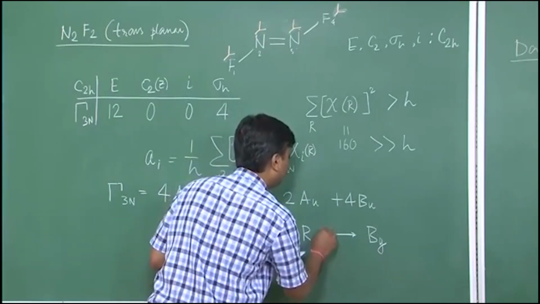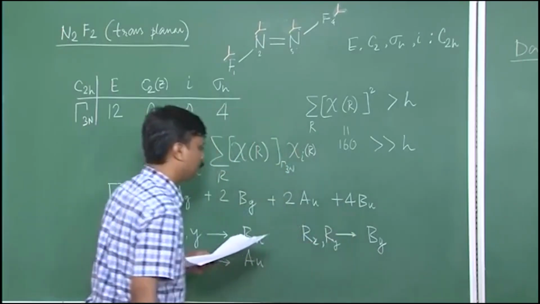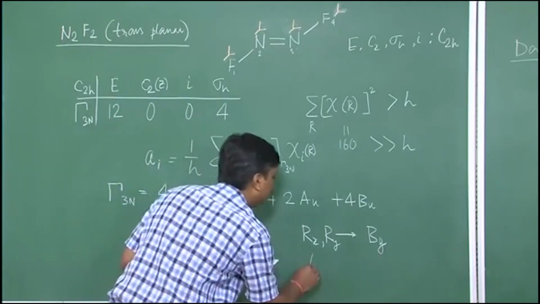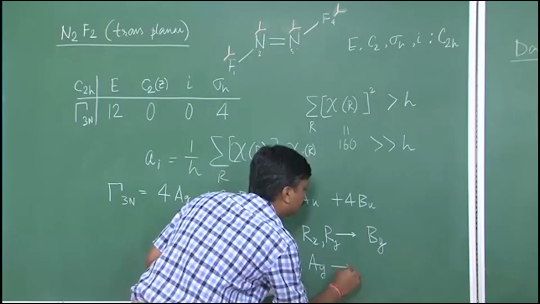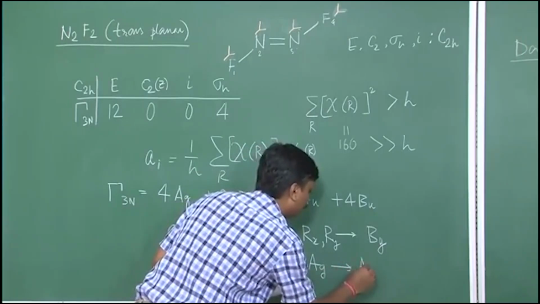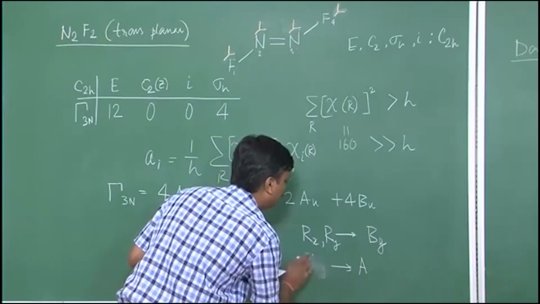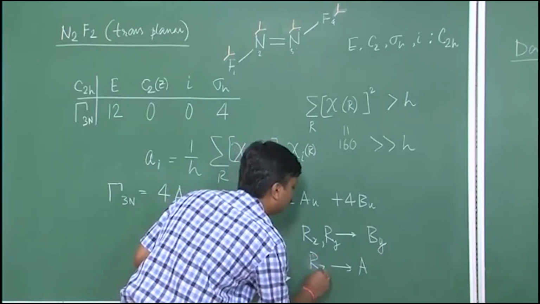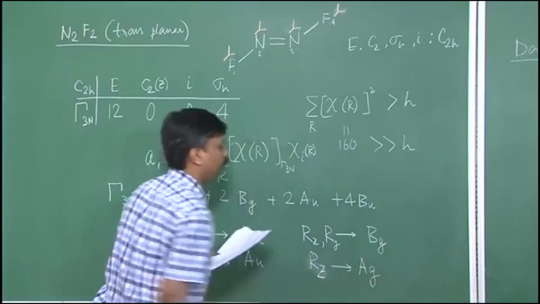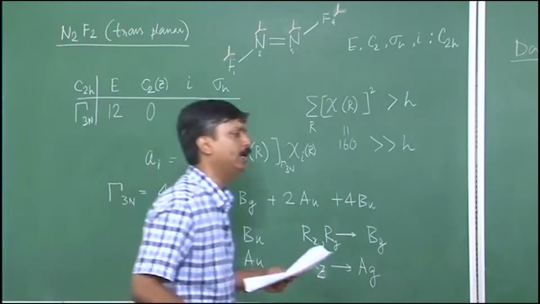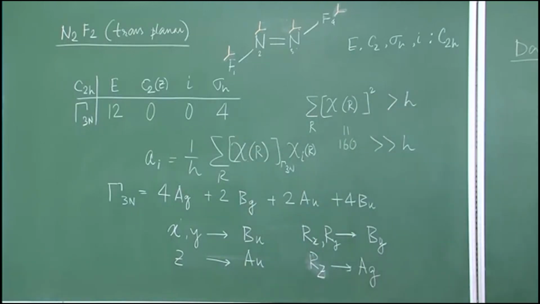So Rx as well as Ry both transform as Bg representation, and Rz also I can write transforms as Ag irreducible representation. So these are the information that I require, correct, and we have taken them from the character table.